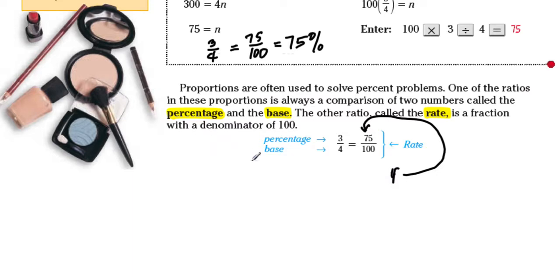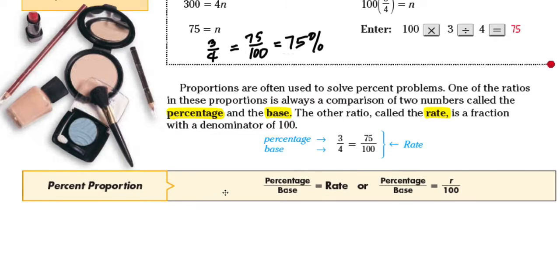So in our percent proportion, we have P over B equals r over 100, with the lowercase r.